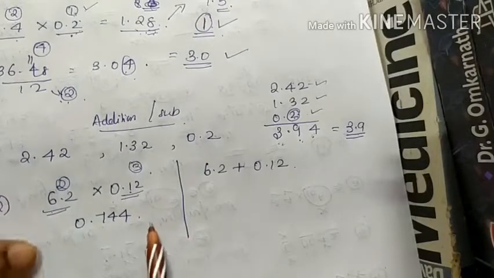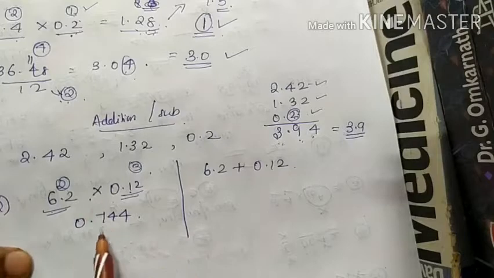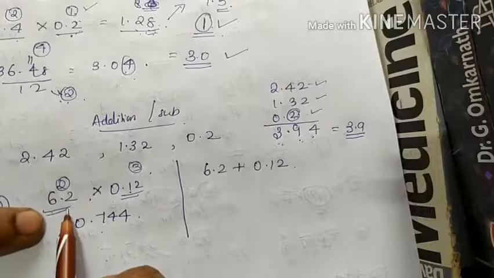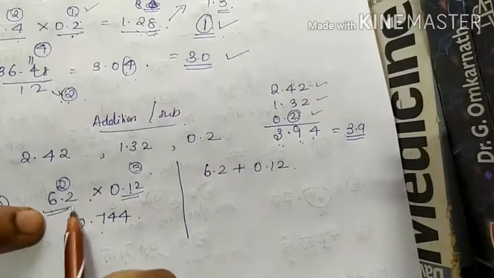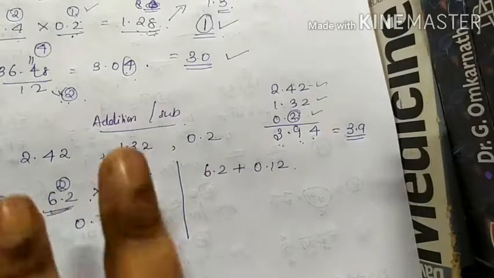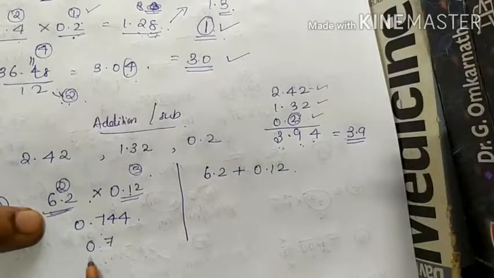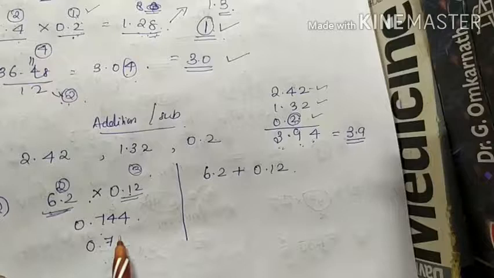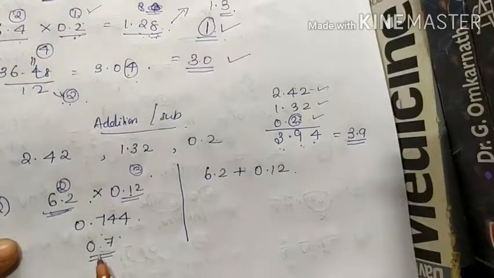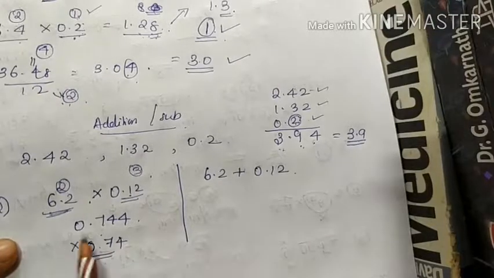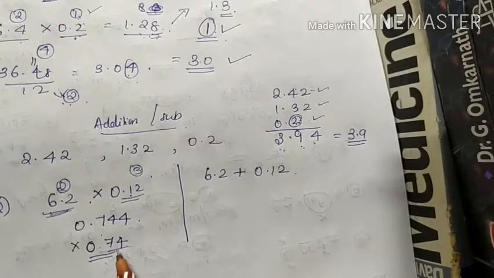In multiplication, the product should have the same significant figures as the least one, that is 2. So the answer should also have 2 significant figures. So it will be 0.74. This 0 is not significant.